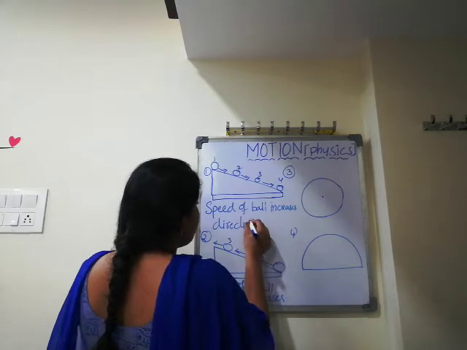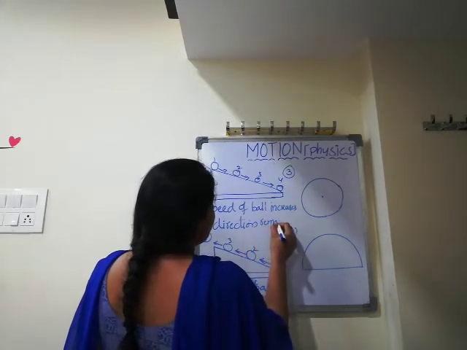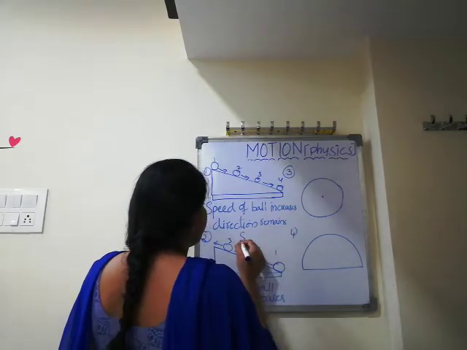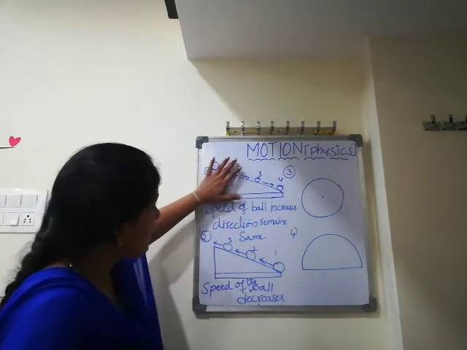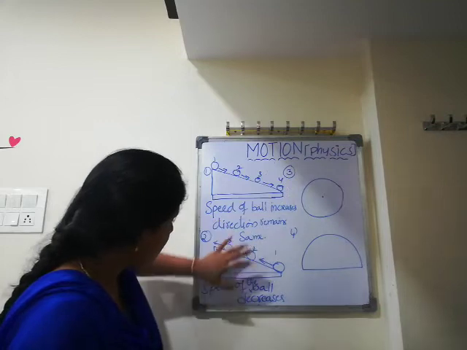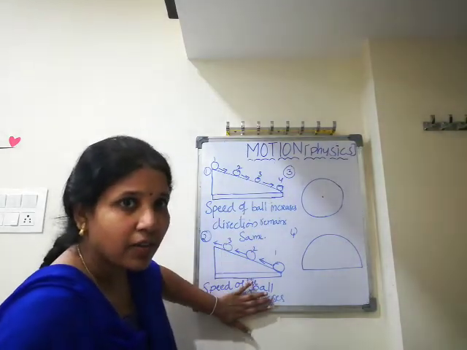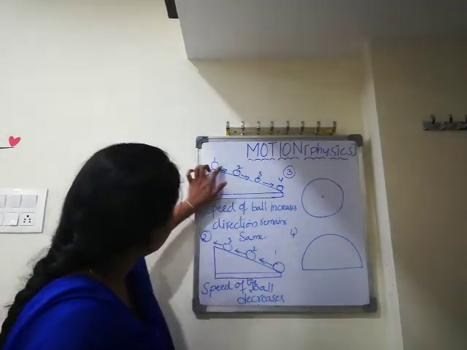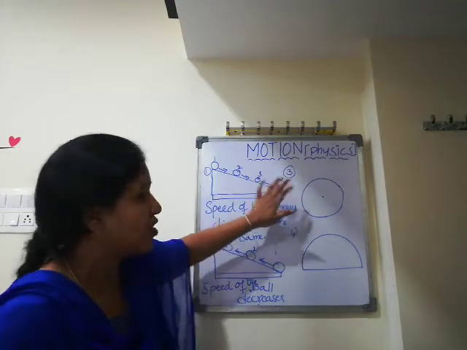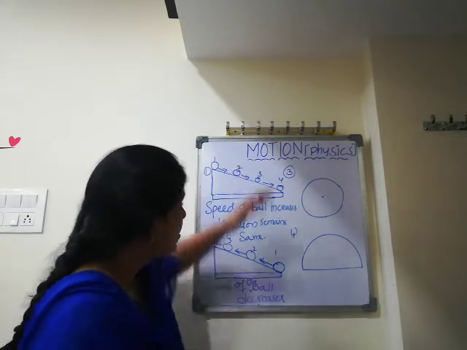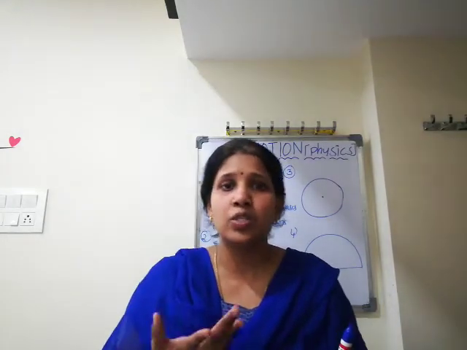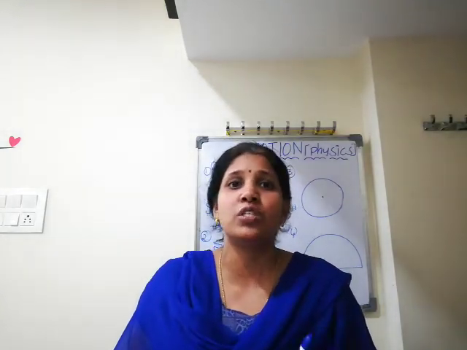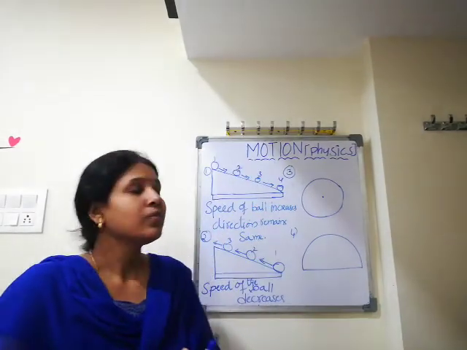In the first case, speed is increasing. In the second case, speed is decreasing. But in both cases, the ball is moving in the same direction, either downwards or upwards. There is no change in the direction of motion of that ball.